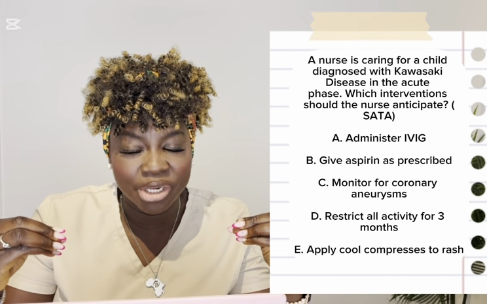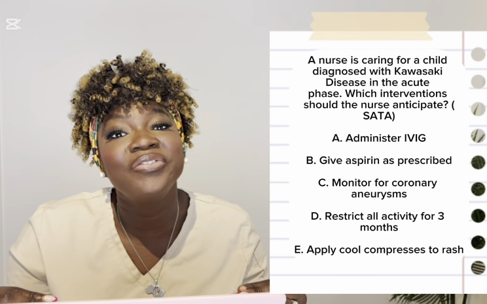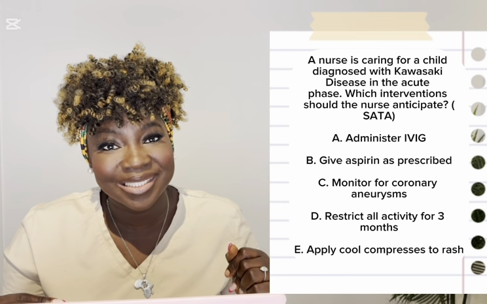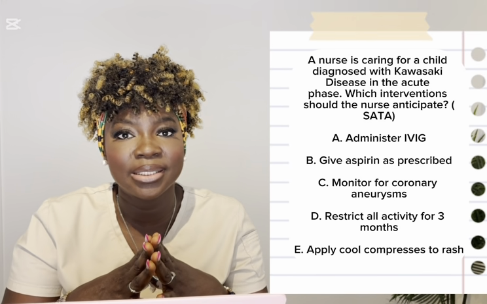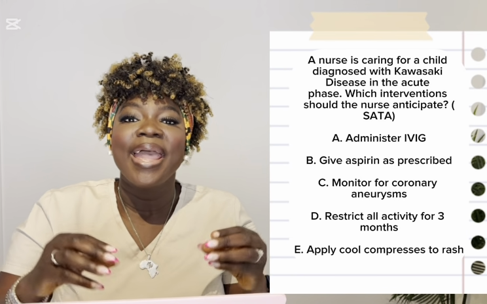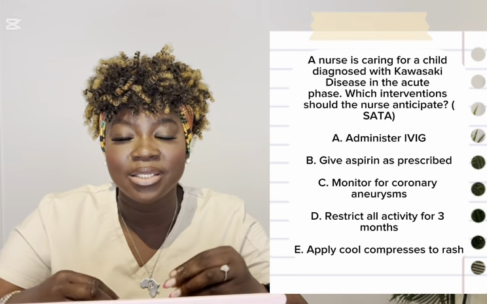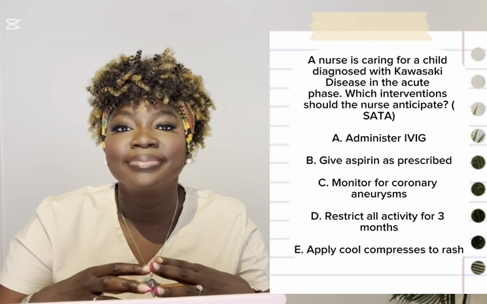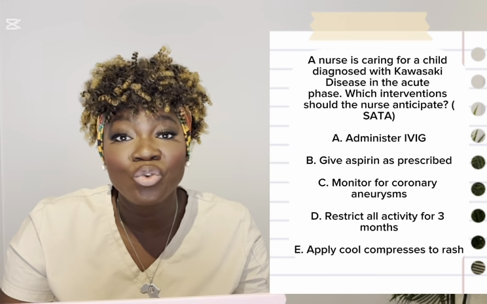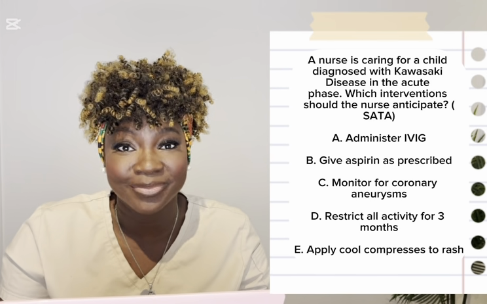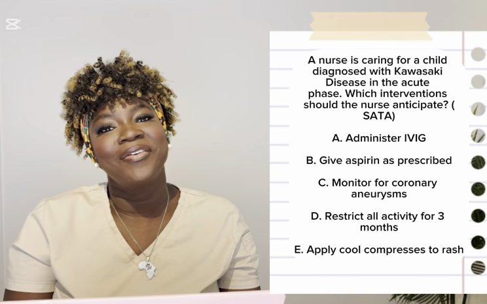You can imagine burning for 1 to 2 weeks. High fever, hallmark sign of acute phase with Kawasaki disease, right? And despite using antipyretics, that is medication to treat fever, this fever will not resolve or go away. Interesting, right? That is Kawasaki disease.